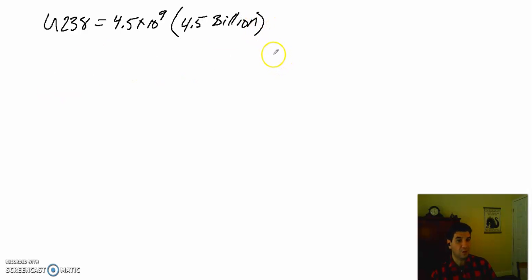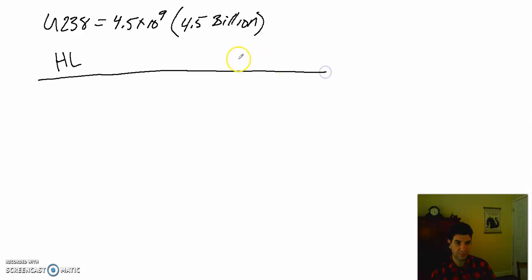Now, if you want to know what the percentages are throughout its half-lives, you could create a chart. You might start off by writing HL, so this will give us our half-life number. Then you might have years, that's how many years pass by.